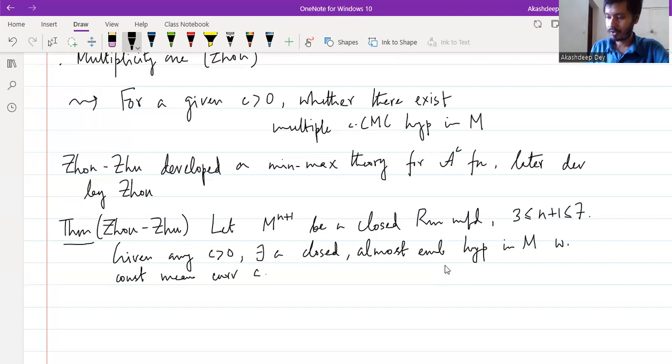And here almost embedded means the following.